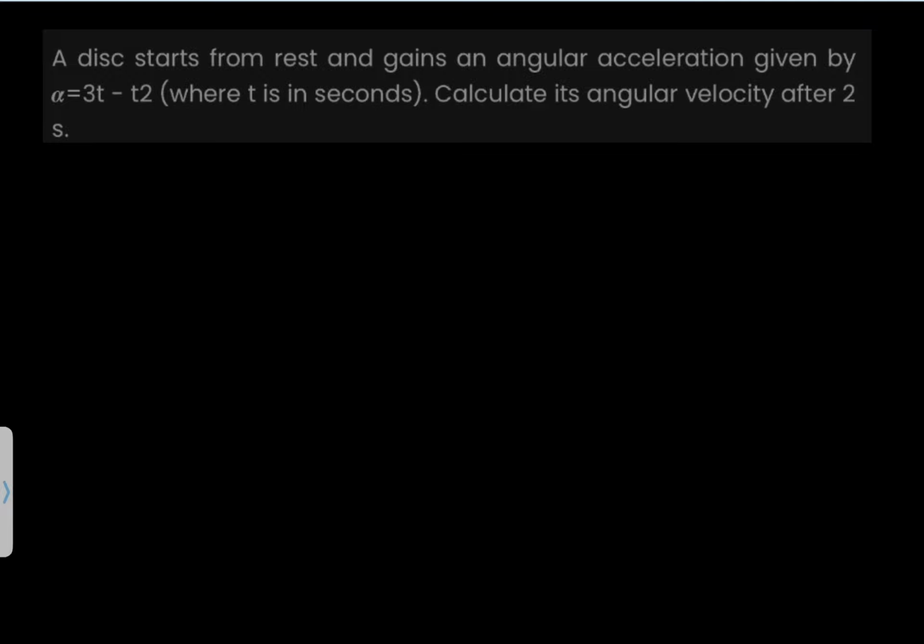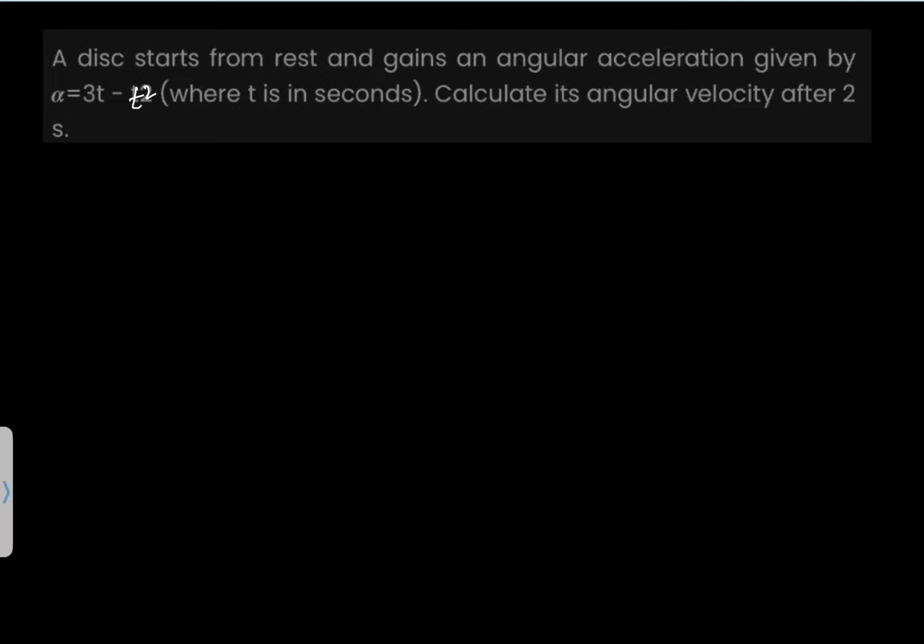Okay, so a disk starts from rest and gains an angular acceleration given by this much. Calculate its angular velocity after 2 seconds. From the question we can understand that alpha is not constant because he is giving 3t minus t square, and is asking us to calculate its angular velocity after 2 seconds.